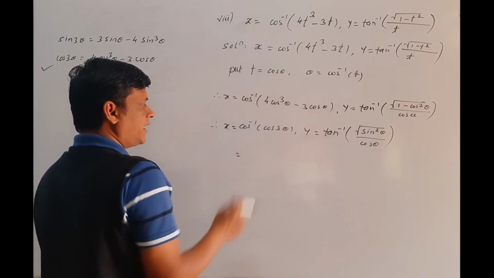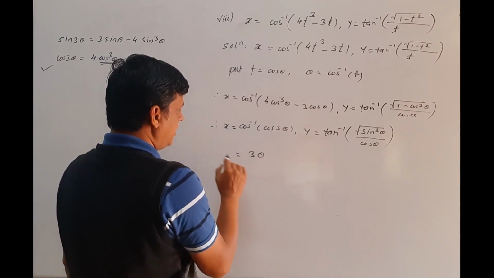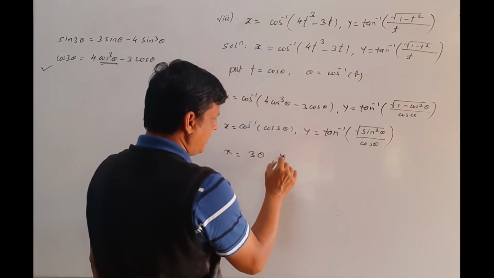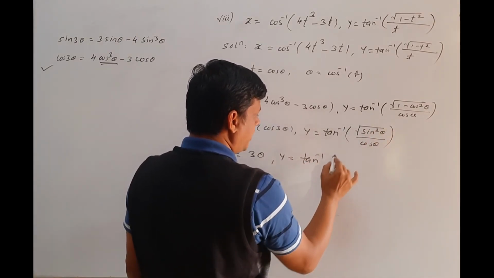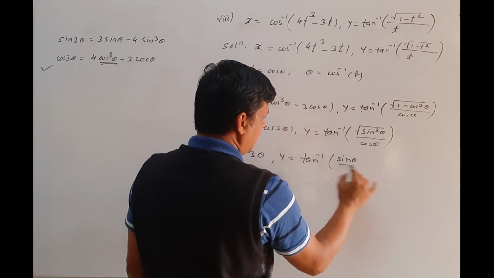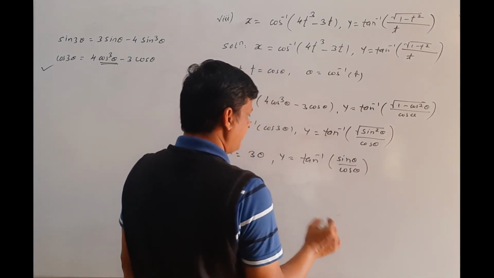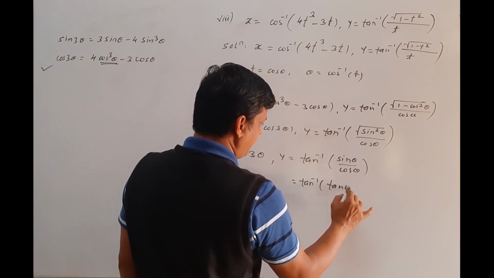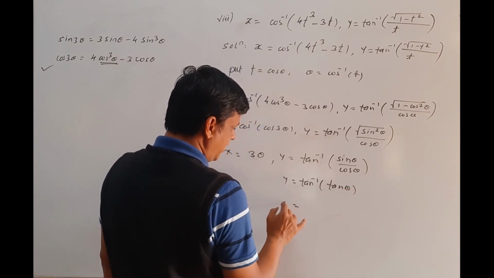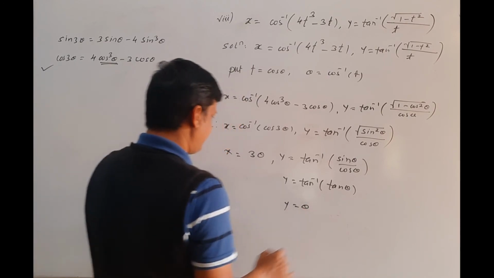Here cos inverse and cos get cancelled, so we get x equals 3θ. y equals tan inverse of, here square and square root get cancelled, so we write sin θ upon cos θ, that is equal to tan inverse of tan θ. That means we get y equals θ.